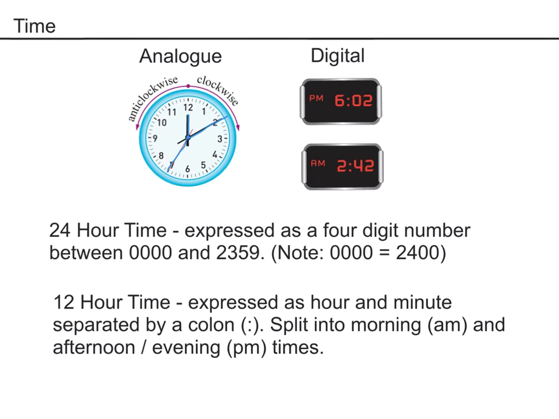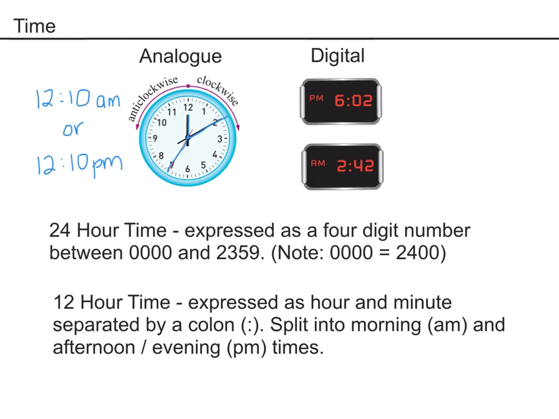The analog display shown here reads 10 minutes past 12 with 35 seconds, but with no indication of whether it is AM in the morning or PM in the afternoon. And so for an exam, you would need to list both.